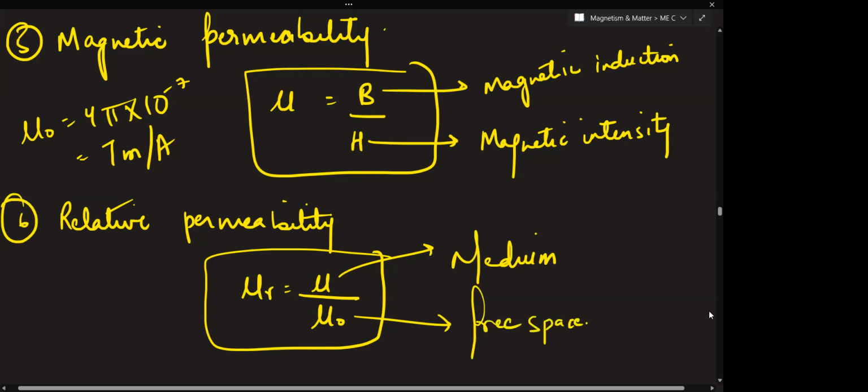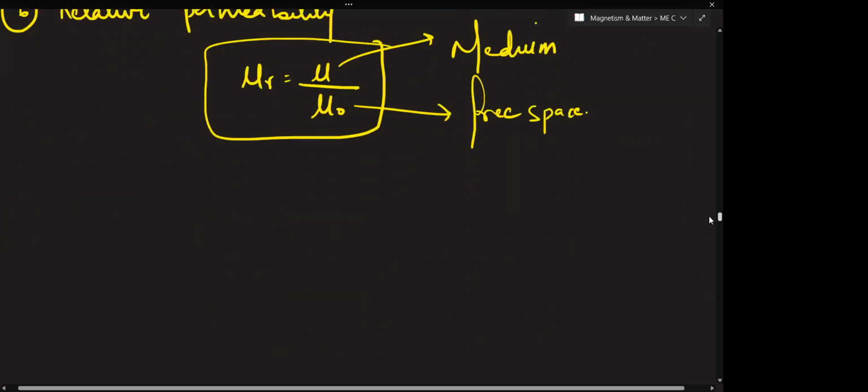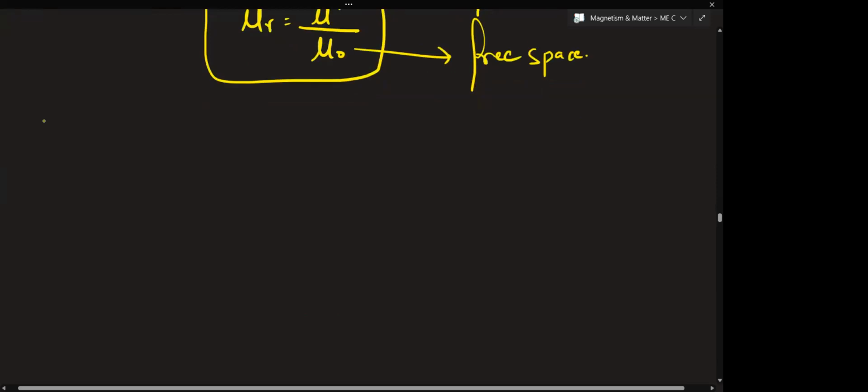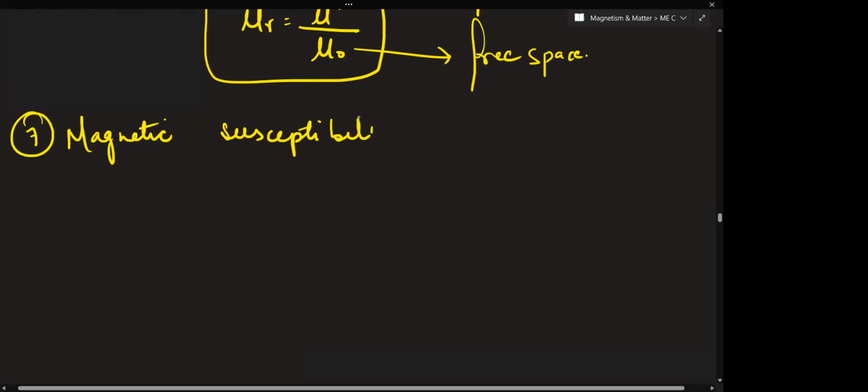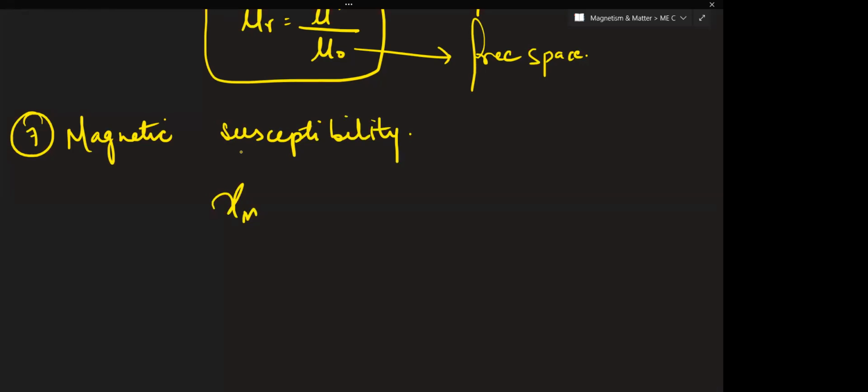Now you have a term which is known as magnetic susceptibility. That's also important. I think this is the seventh one. Magnetic susceptibility is represented through the symbol chi. This you must have used in your chemistry, I guess, for mole fraction.